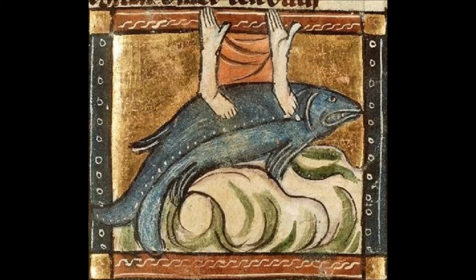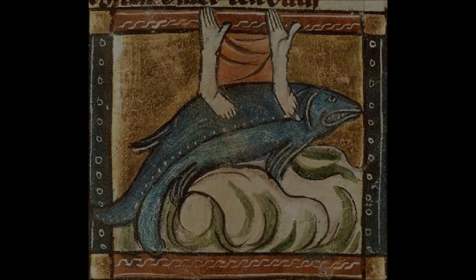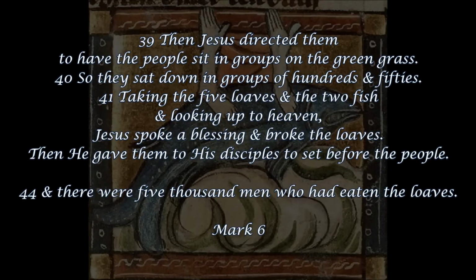But we'll use the Gospel of Mark, which reads, "Then Jesus directed them to have the people sit in groups on the green grass. So they sat down in groups of hundreds and fifties. Taking the 5 loaves and 2 fish, and looking up to heaven, Jesus spoke a blessing and broke the loaves.